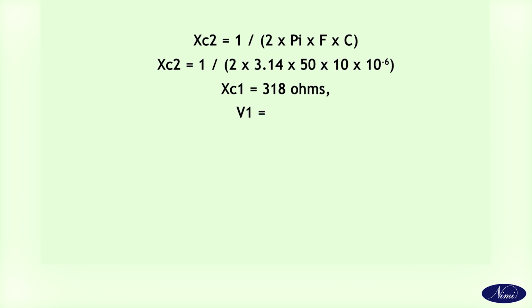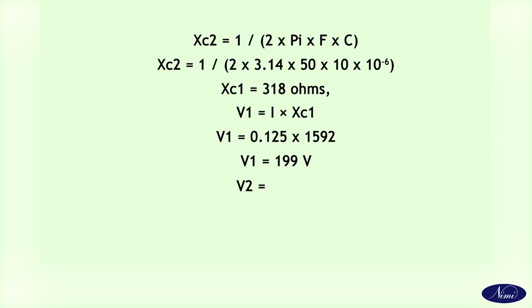V1 is equal to I into Xc1. V1 is equal to 0.125 into 1592. V1 is equal to 199 volts. V2 is equal to I into Xc2. V2 is equal to 0.125 into 318.